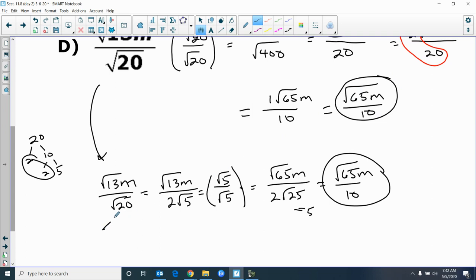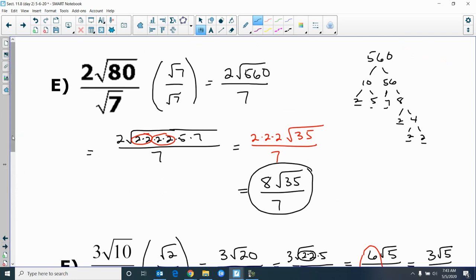This might be slightly easier because if you reduce first, okay, you save some reducing later. Okay, do you have to? No, you can multiply by square root of 20 over square root of 20. You can do that, but like I said, this makes it a little bit easier for that one.